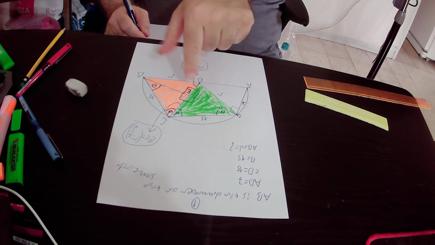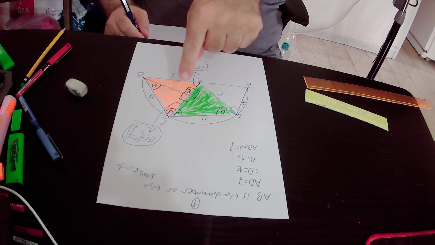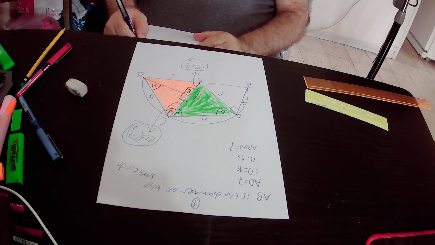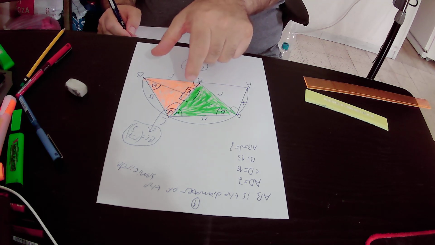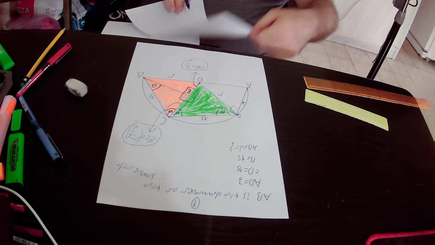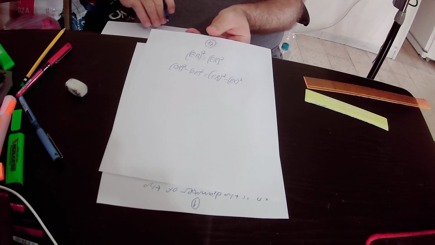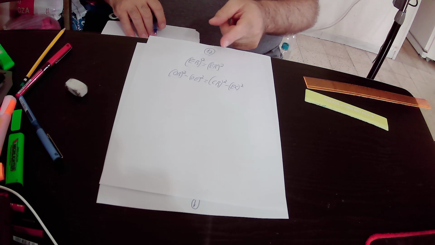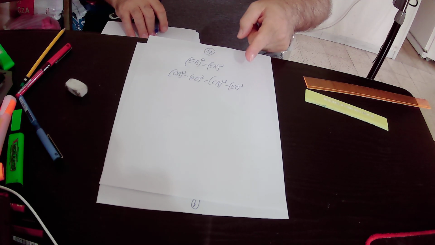Here EB square equals CB square minus EC square. So in total we got that OB square minus OE square equals CB square minus EC square.